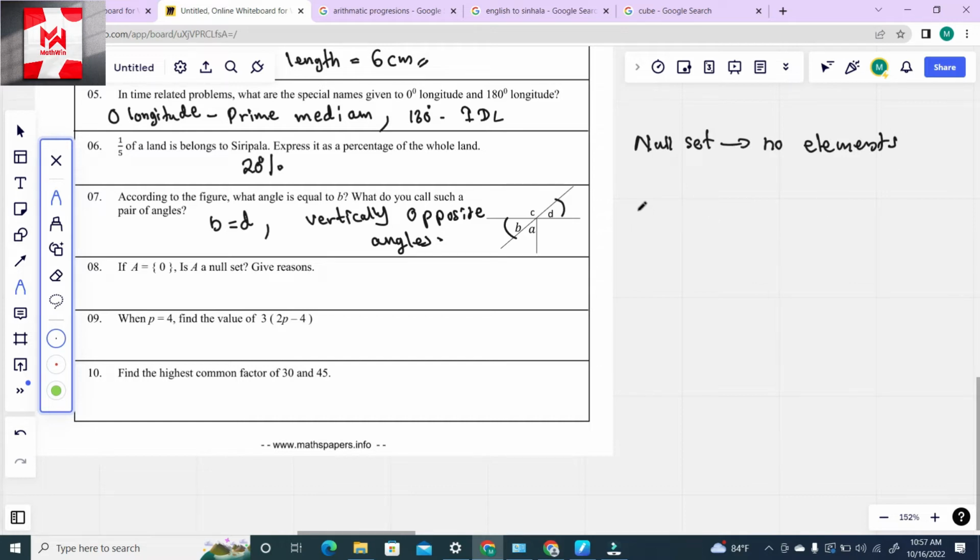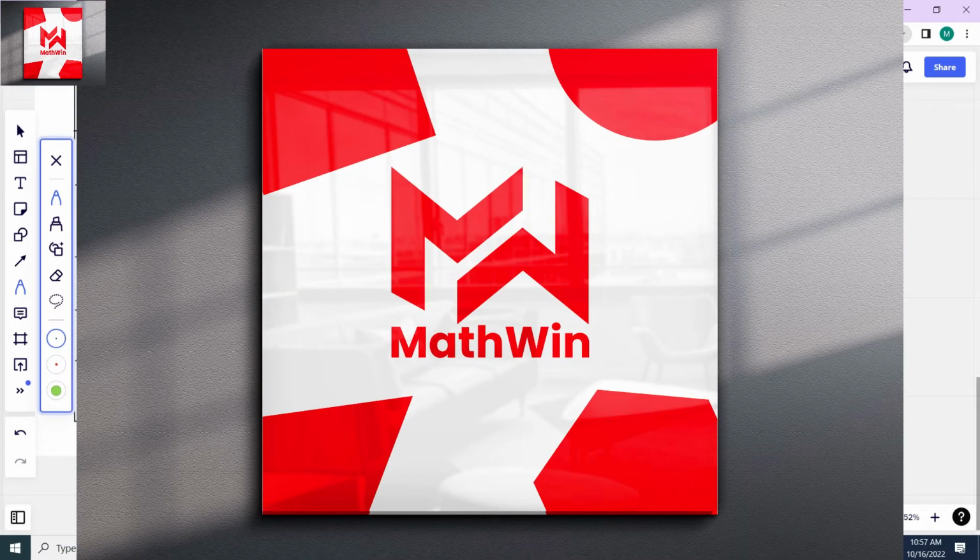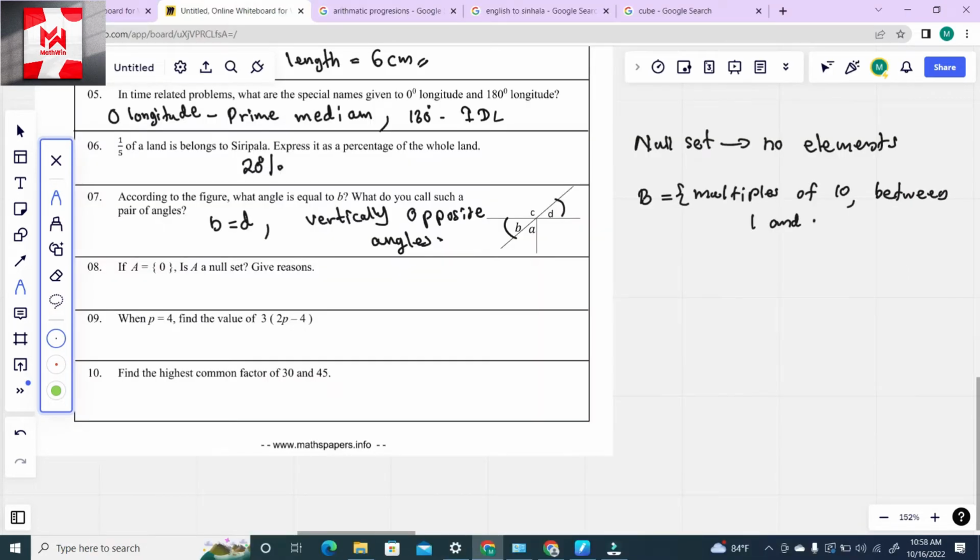When we consider B in the description method, multiples of 10 between 1 and 5, we know there are no elements for this one. That means there are no multiples of 10 between 1 and 5. Therefore we write this like this, and B is a null set.